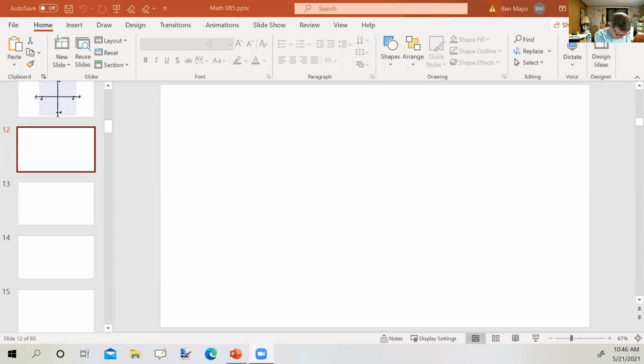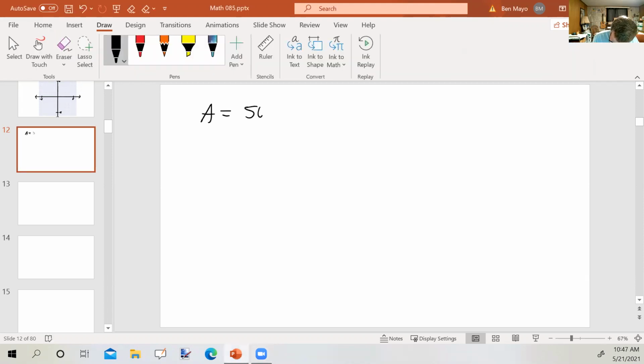And let's take a look at an exponential equation. Okay. And this one says radioactive decay. All right, radioactive decay. 500 grams of a radioactive material decays according to the formula A equals 500 times 2/3 to the T power, where T is measured in years.